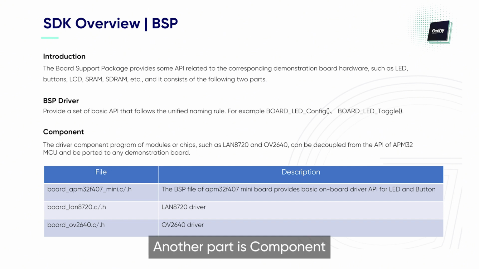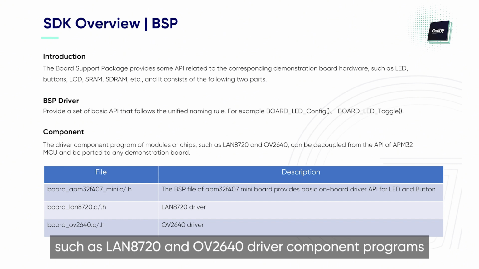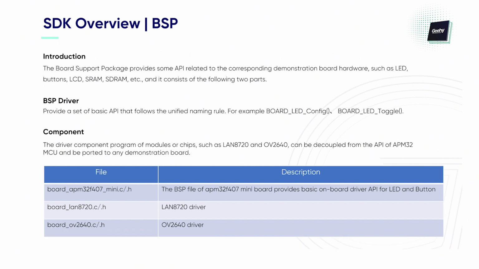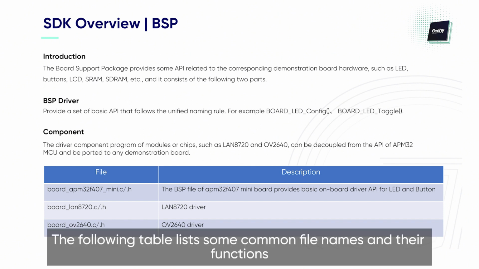Another part is component. Here are some modules or chips, such as LAN 8720 and OV2640 driver component programs, which are decoupled from the API of APM32 MCU and can be ported to any demonstration board. The following table lists some common file names and their functions.